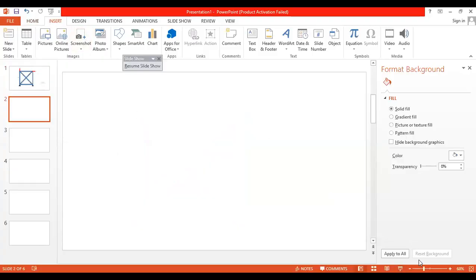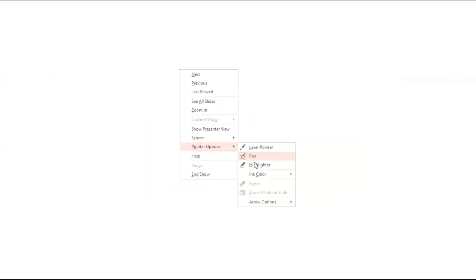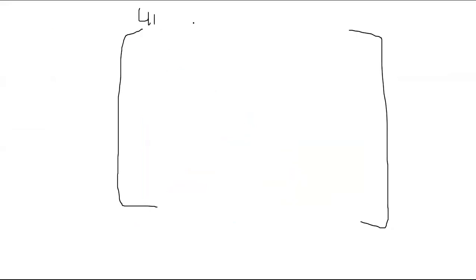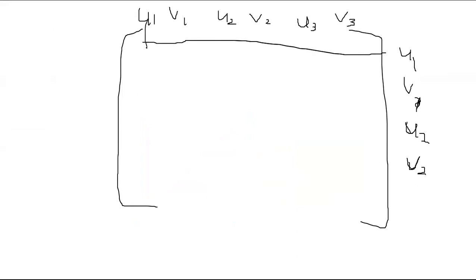You have the global system, U1, V1, U2, V2, U3, V3, like that. So you need to determine, let's say, this element.